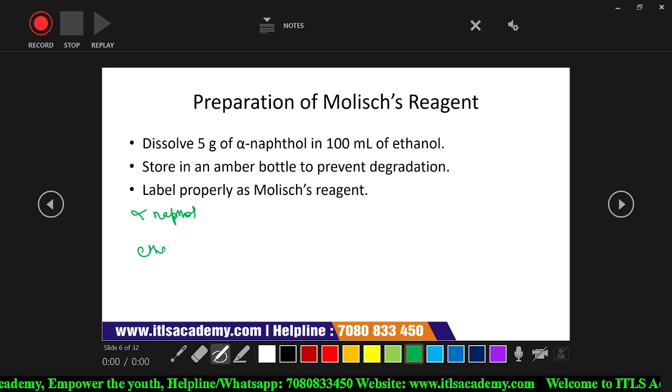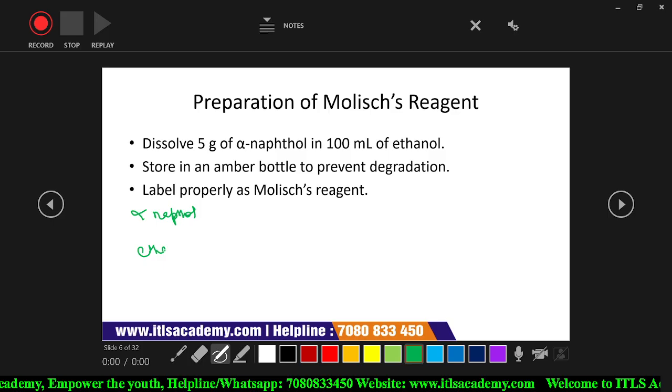For the preparation of the iodine reagent, again we require a beaker in which we add 50 ml of distilled water. Then we add 0.5 gram of iodine crystal, along with 5 gram of potassium iodide.